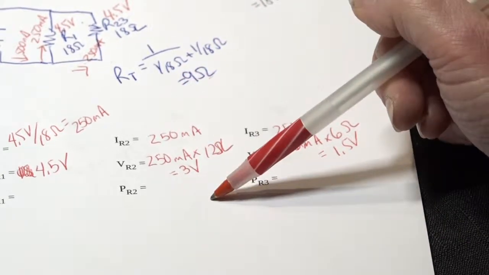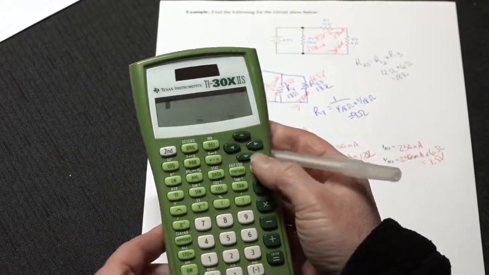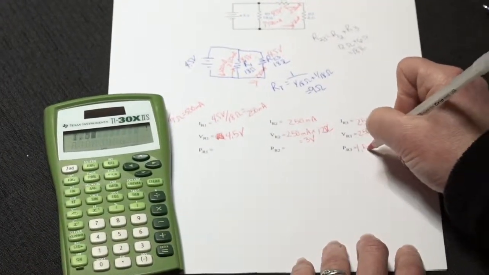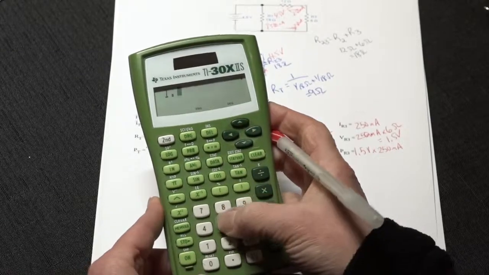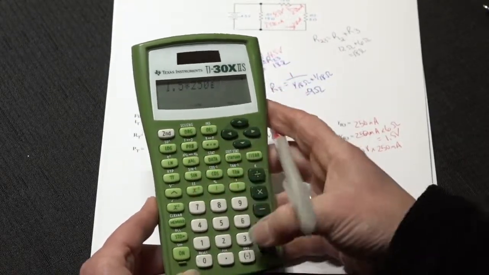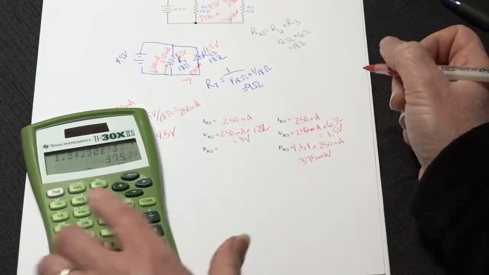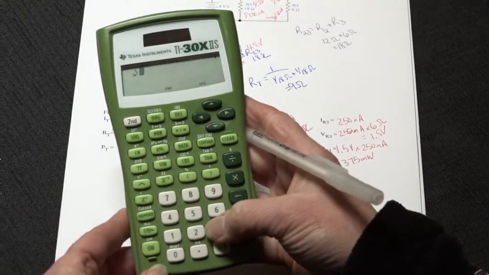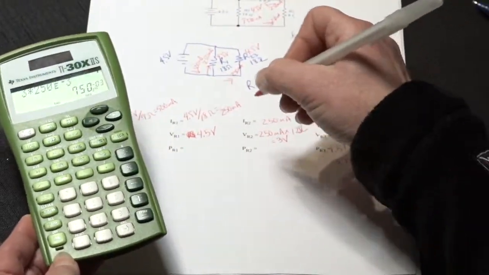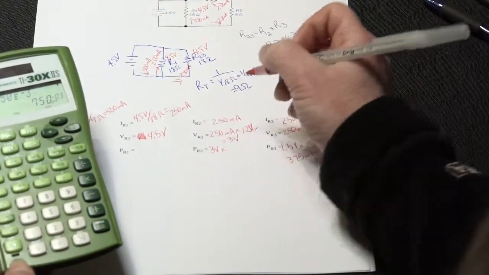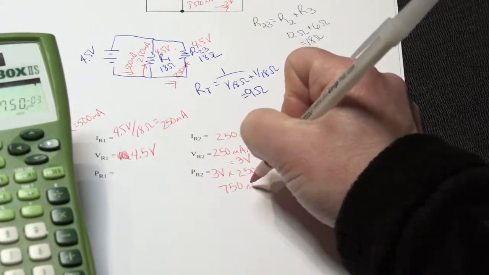Now, if we go ahead and calculate the power, let's do that again, 1.5 volts times 250 milliamps, 1.5 times 250 milli equals 375 milliwatts, and 3 times 250 milli gives us 750 milliwatts.